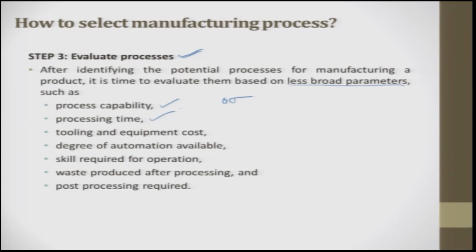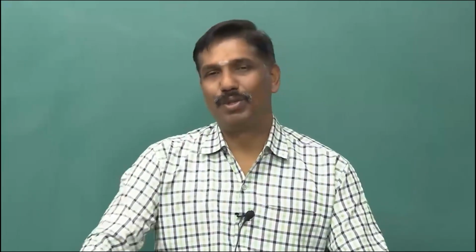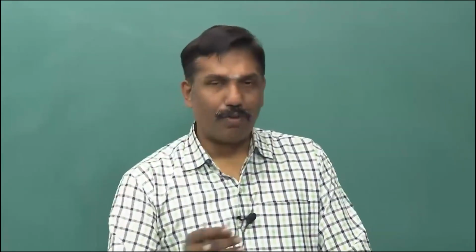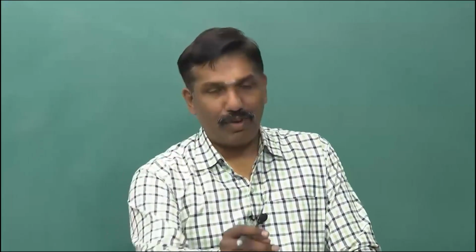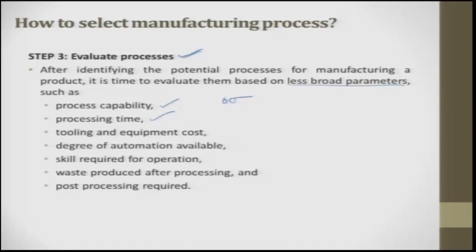In product design, when I started, I told you there are customers who need a product, and you have to keep in mind how quickly you reach them. If your time is very large, whether for prototype making or final product making, then you will not be in the race. Processing time is one parameter we evaluate.